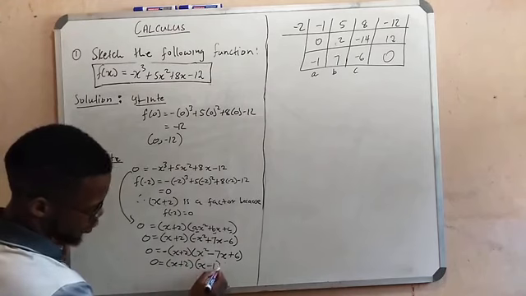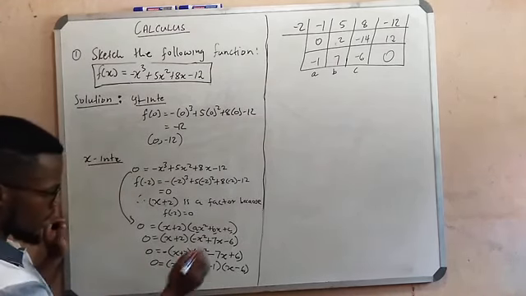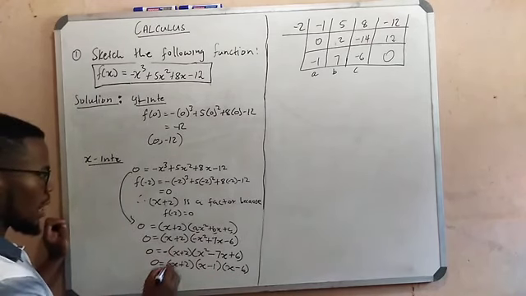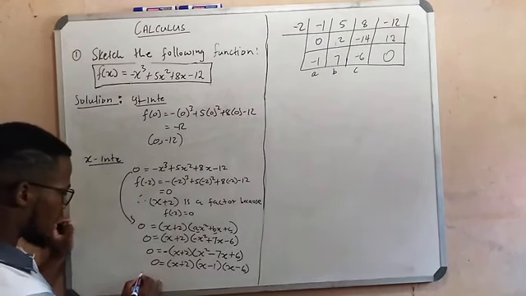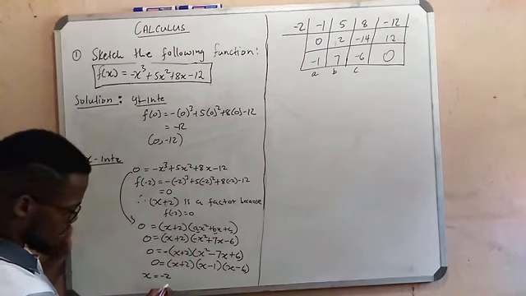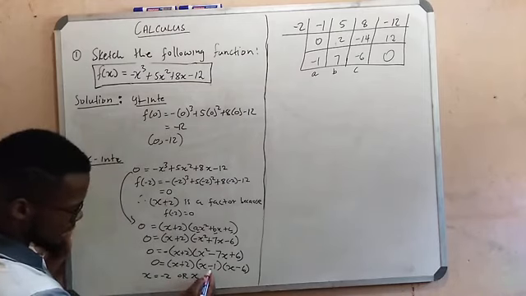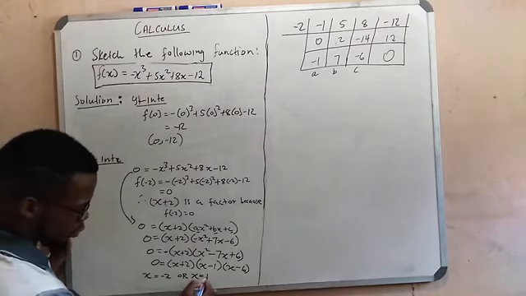You have x minus 1 and x minus 6. So in other words, our x-intercept, it is positive, therefore the x-intercept will be minus 2. Another x-intercept, it is negative, therefore the x-intercept will be positive 1.